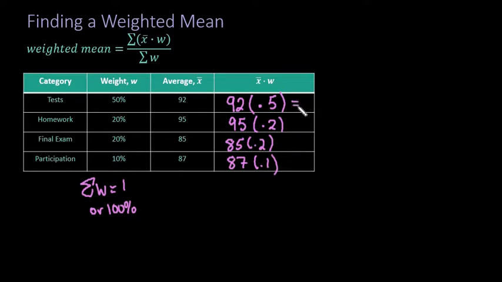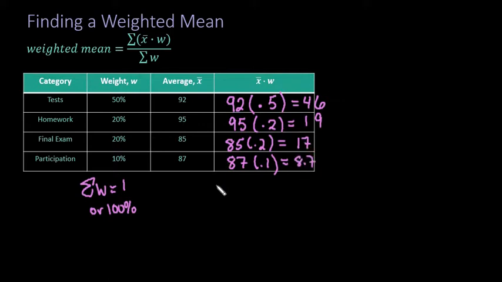So if I simplify each of these, the first one earns a total of 46 points of the final grade. The 95 times 0.2 earns a total of 19 points. 85 times 0.2 earns 17 points, and the 87 times 0.1 earns 8.7 points.